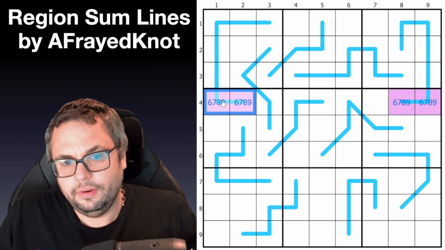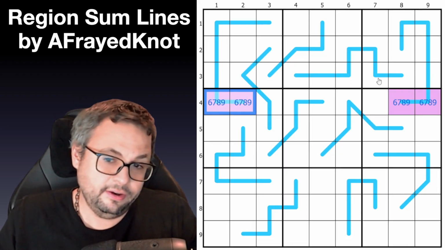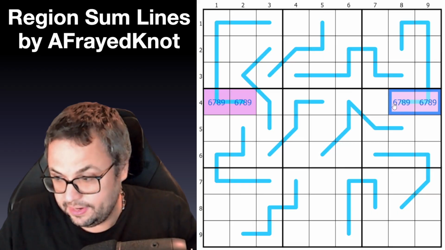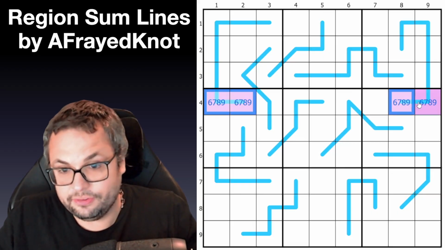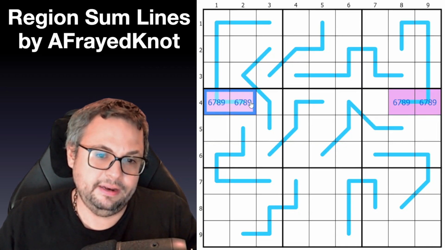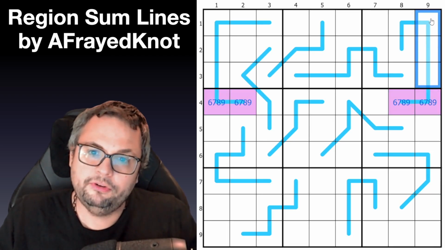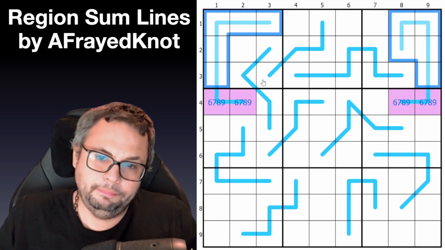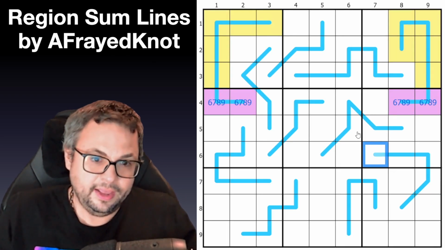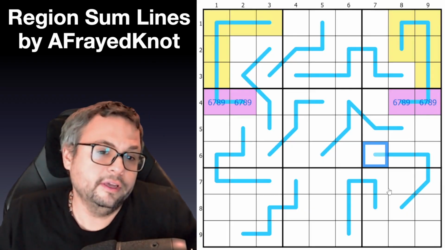So even though ostensibly these could have added to 15, 16, or 17, and these could have added to 15, 16, or 17, the fact that these all together add to 30, and each of them is separately at least 15, means they both just have to be 15. Which means that if I plonk a yellow on these, the yellow cells sum to 30, which is their literal minimum.